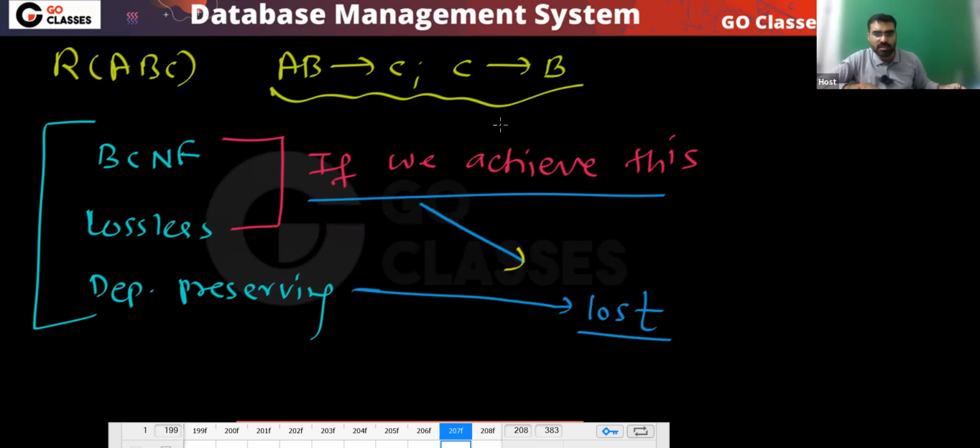Okay, let me know one more thing. Is it really lost? No. So how to check it? This is lost, but how to check it? By joining the tables, yes or no?